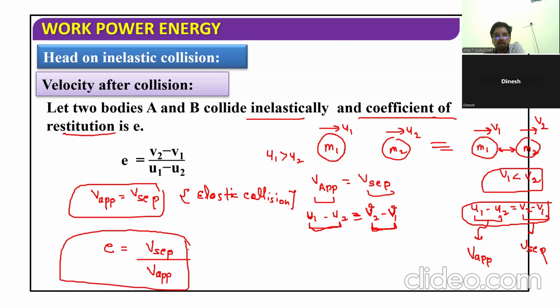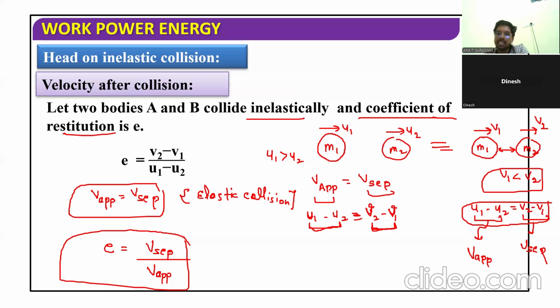Why are we using it? Because in the case of inelastic collision, both are not equal. In perfectly inelastic collision, you tell me, after collision the bodies stick, so the velocity of separation is 0.